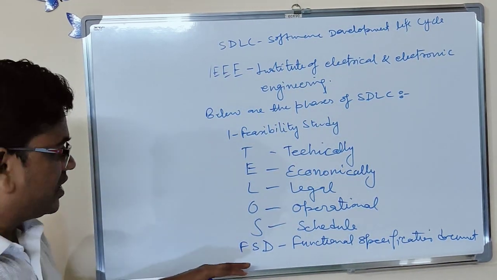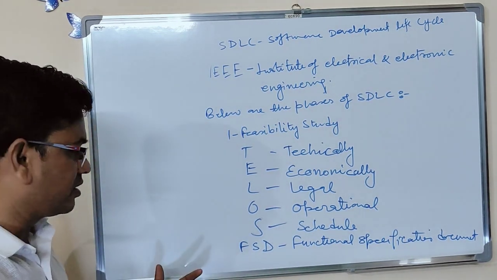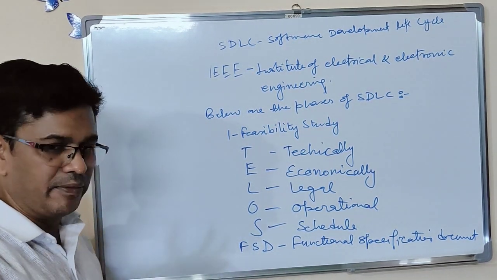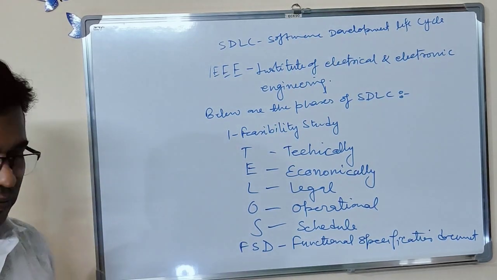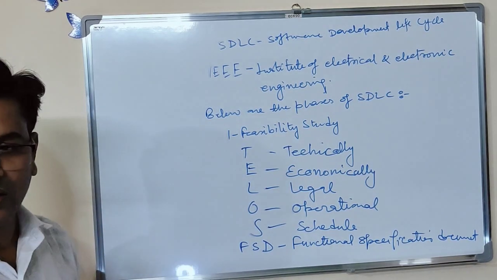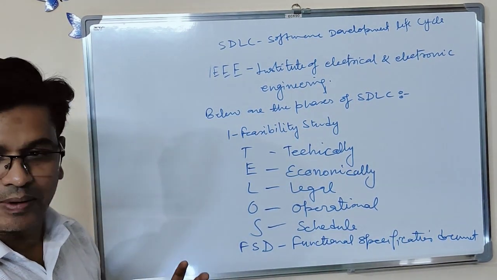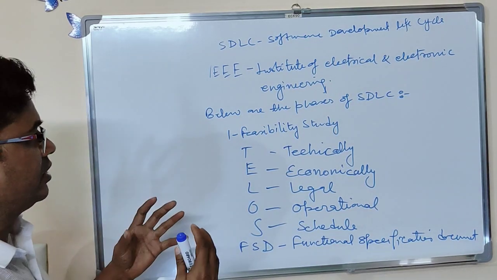So FSD is a document. Maybe some other organization uses some other naming convention for the same document, but FSD means a document which generally contains the requirements after the feasibility study.